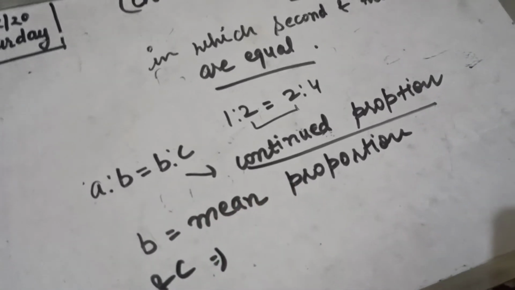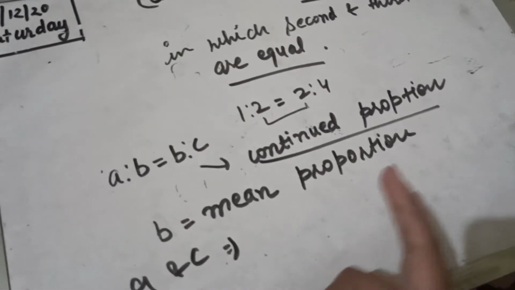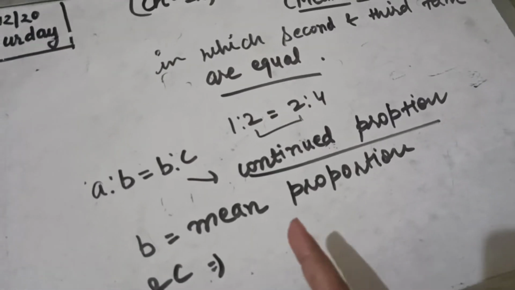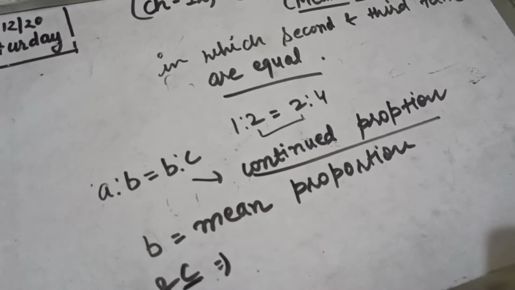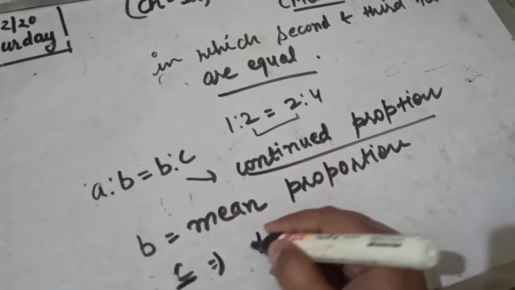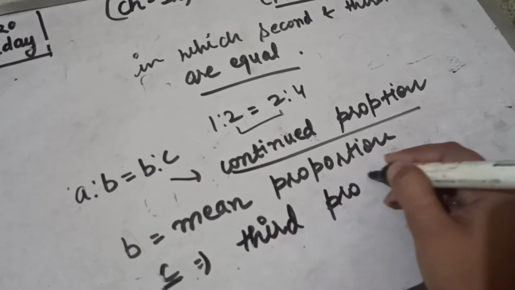These are, in the case of proportion, the extremes. Otherwise, C is the third proportion.